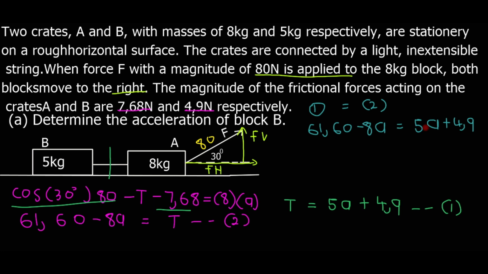Now let's collect the like terms. 61.60 minus 4.9, we move to the left-hand side, equals 5A plus 8A. 61.60 minus 4.9 gives us 56.7, and this one gives us 13A.